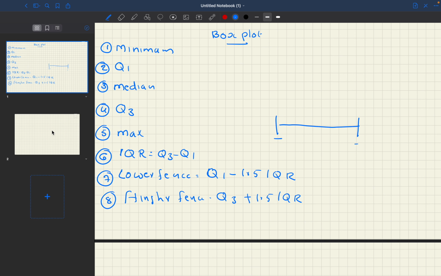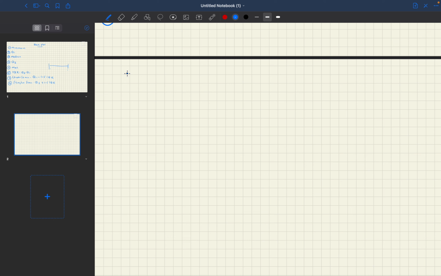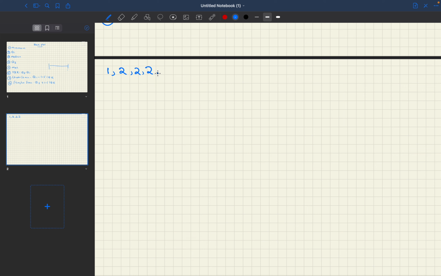Now let me add one more sheet. Now we can start with an example. Let me write the data set here: 1, 2, 2, 2, then 3, 3, 4, then 5, 5, 5, then 6, 6, 6, 6, 7, 8, 8, then 9 and 27.